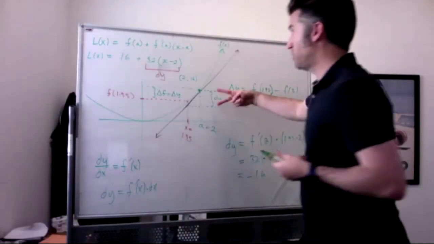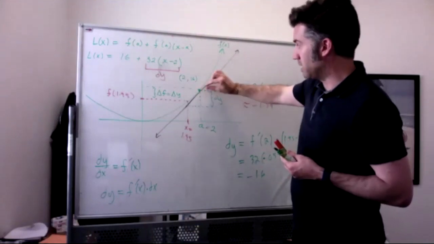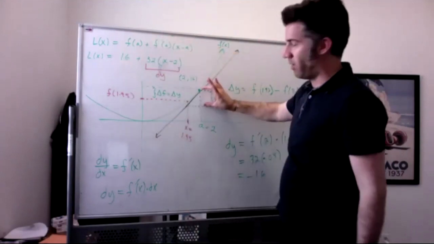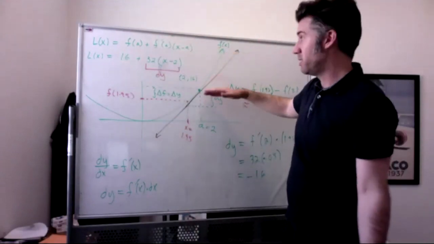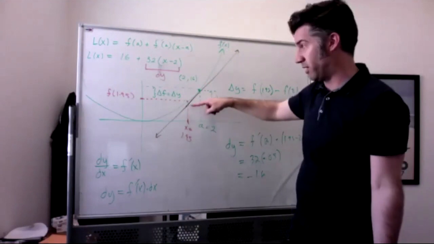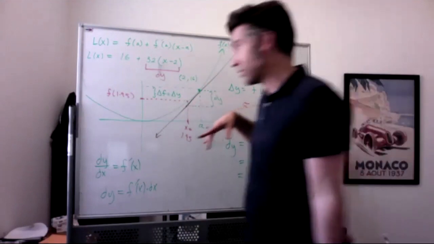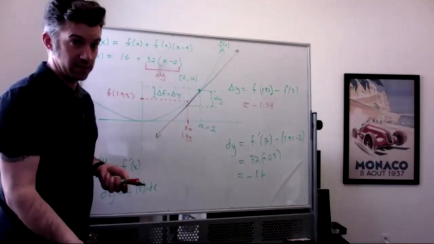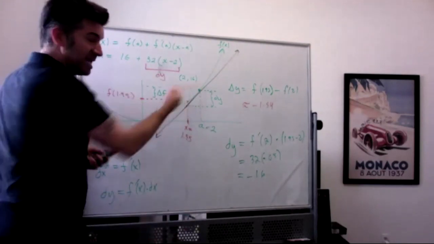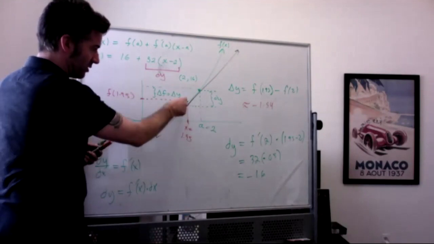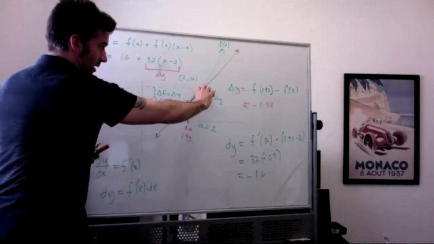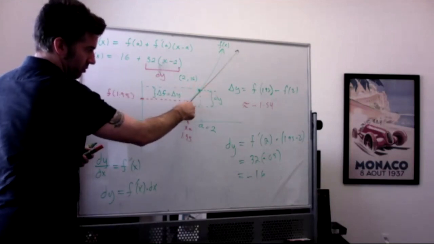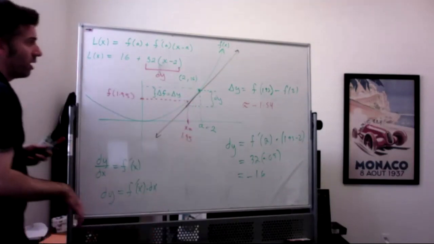So there's your 16, and then you're adding on dy, which in this case is a negative number, to get the actual approximation of this value here. dy is the approximated difference between the point where it's easy to do things and the point where you're actually trying to find the value. So this difference here is your 16 minus whatever number this is that we haven't found yet.